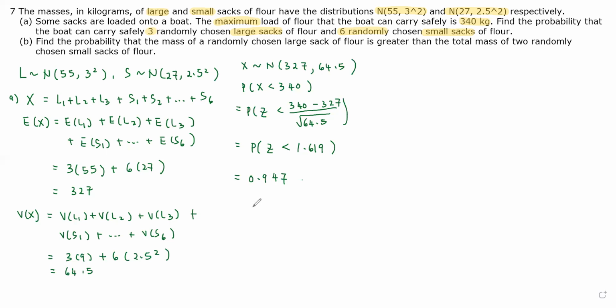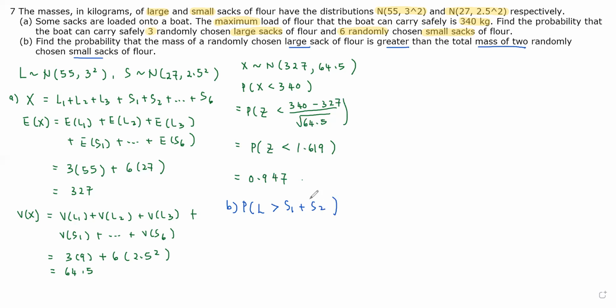For part B, we need to find the probability that the mass of a randomly chosen large sac is greater than the total mass of two small sacs. So from here, we need to find the probability that L is greater than S1 plus S2.